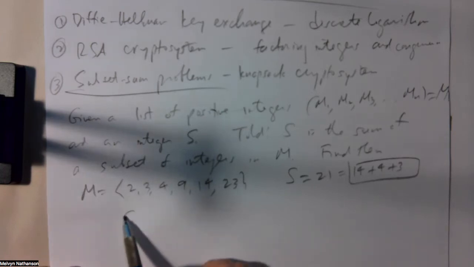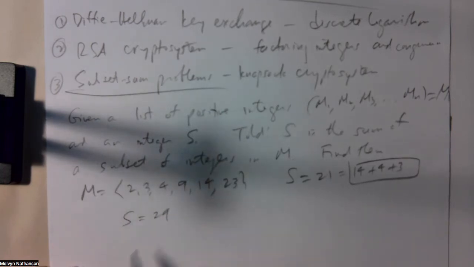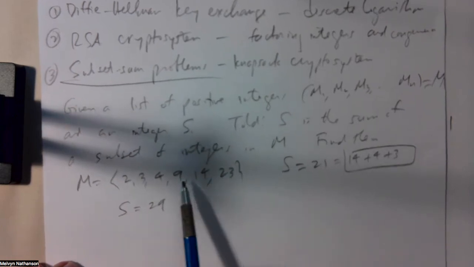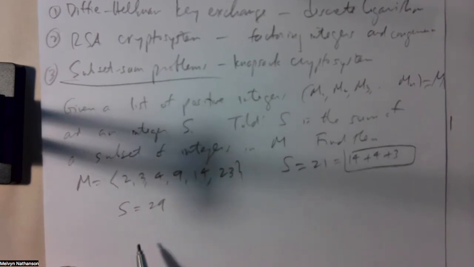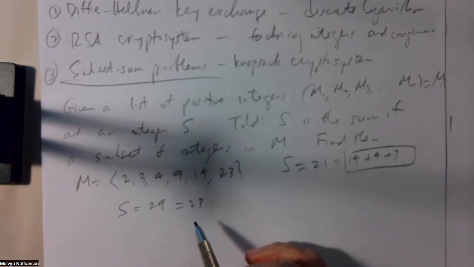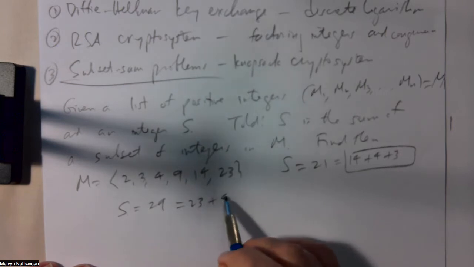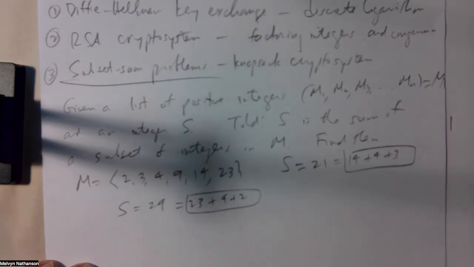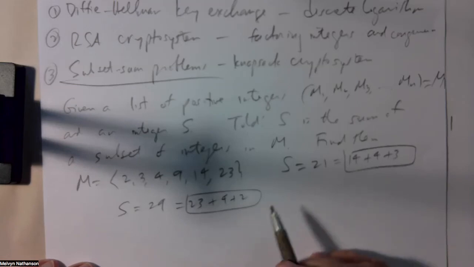Suppose we have S equals 29. Find the subset of this set that adds up to 29. Let's see, I could take 23, and then I need to get 6, so 23 plus 4 plus 2. Actually, it turns out I can do it another way.